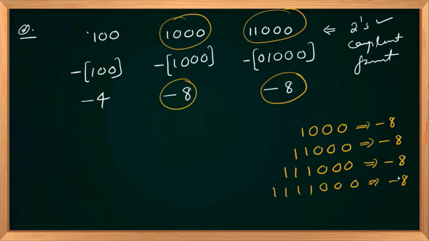You can keep that in mind using examples: 100 is minus 4, 1000 is minus 8, 11000 is also minus 8, right?